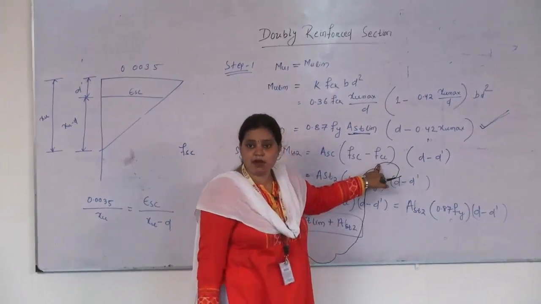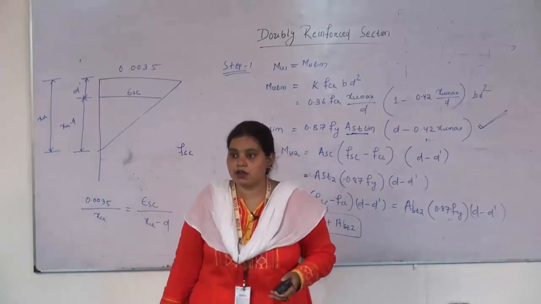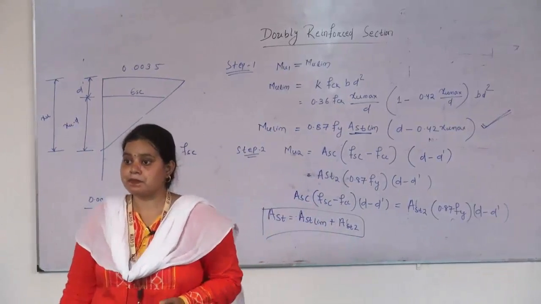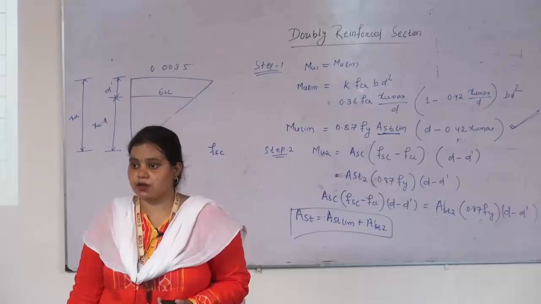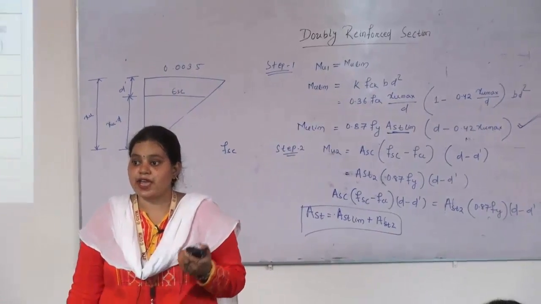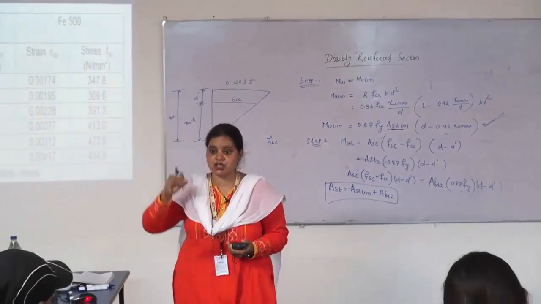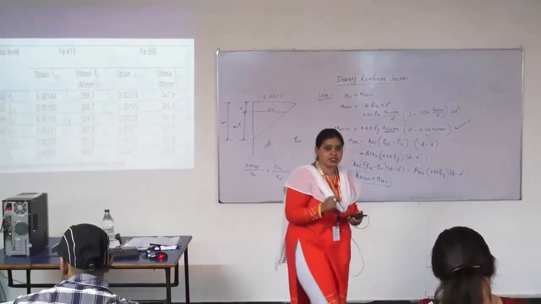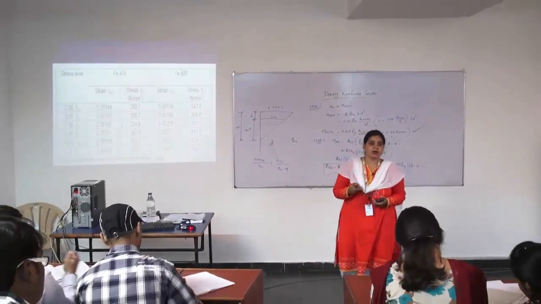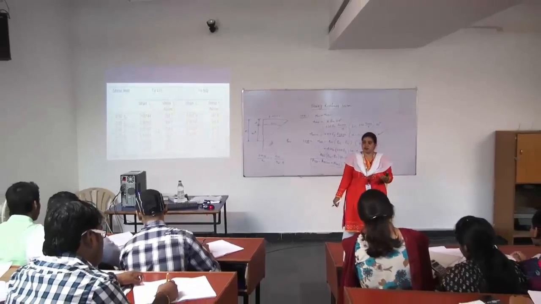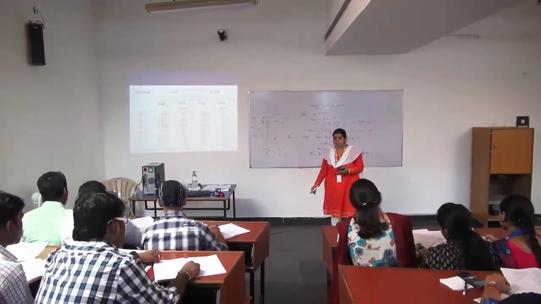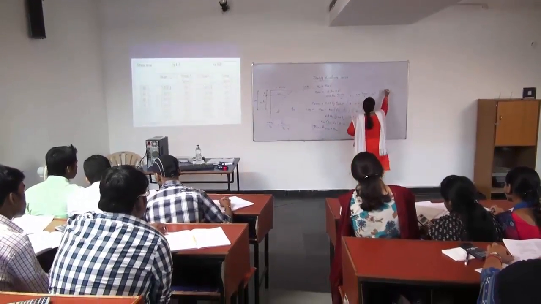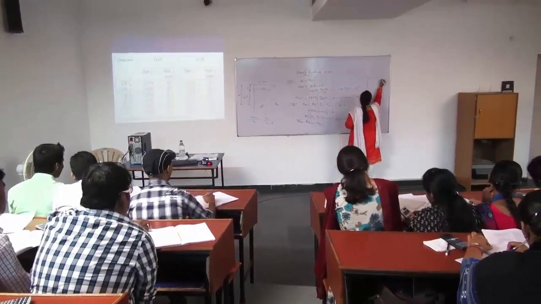FCC is very small. Why is FCC very small? Because that is the stress in concrete in the compression zone. How much is the stress in concrete in the compression zone? 0.446 FCK. Always remember that. This is your stress block.